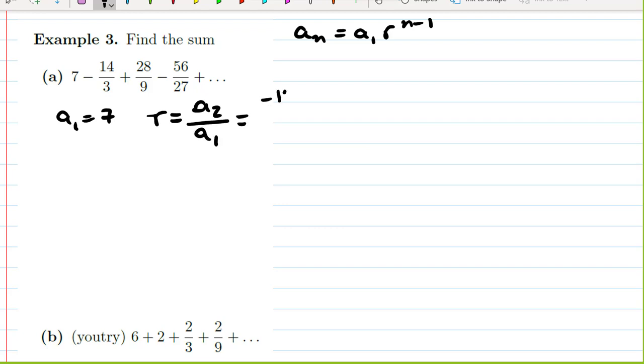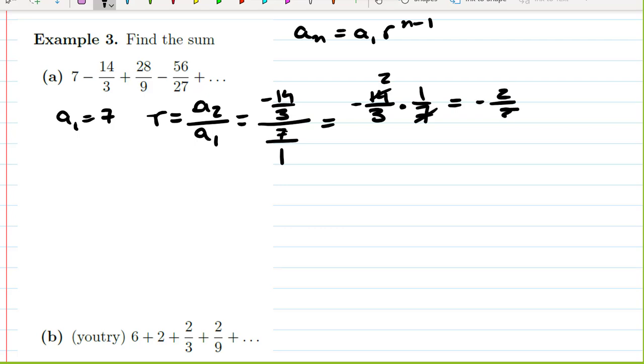So that's going to be negative 14 over 3 divided by 7, or 7 over 1. So that's going to be negative 14 over 3 times 1 over 7. Those reduce, giving us a 2, and we get negative 2 thirds. So then, if we know our a1 and we know our r is negative 2 thirds, S infinity is a divided by 1 minus r.